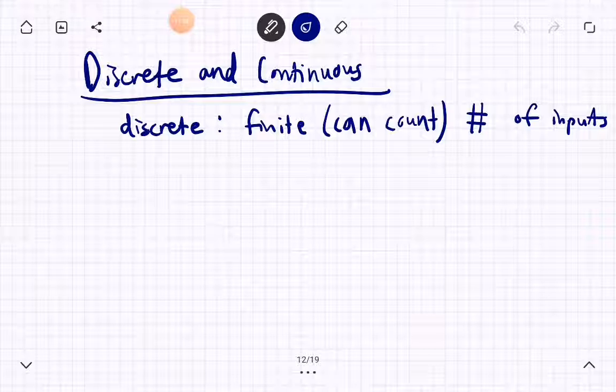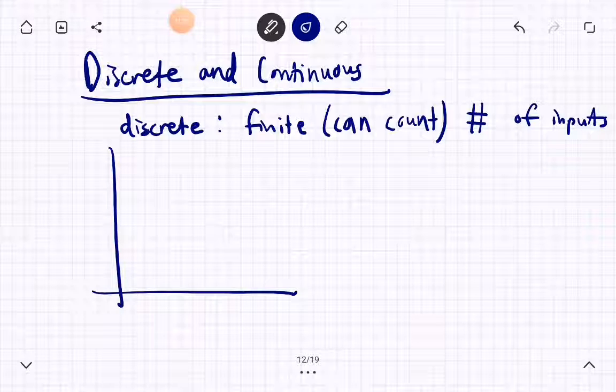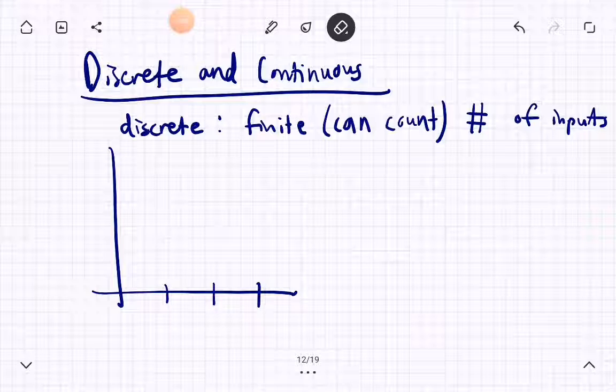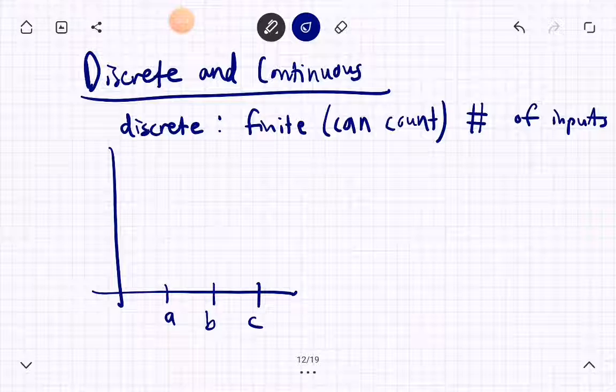So let's put it on a graph. Say I have only 3 inputs. Okay, 1, 2, and 3. Or let's be a bit more general. Let's say A, B, and C. So it can be any number. And then only these 3 inputs, and maybe this point is here, and this point is here.